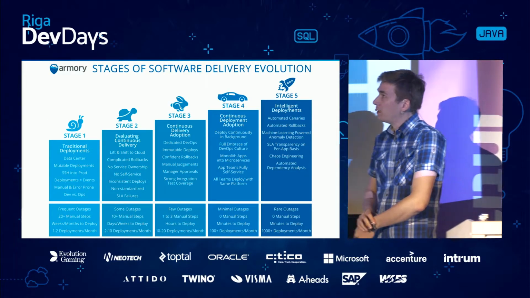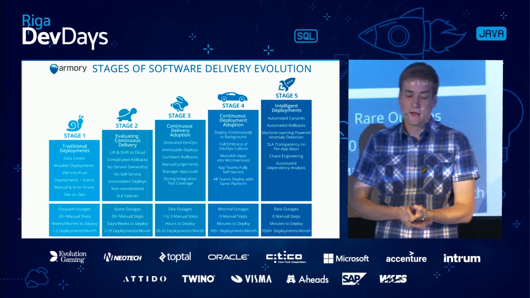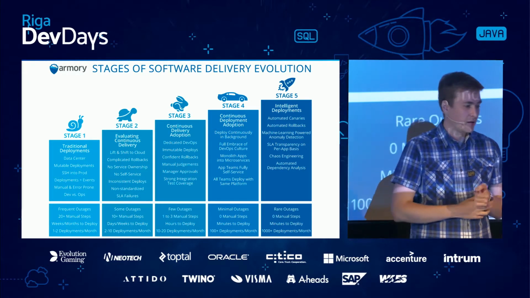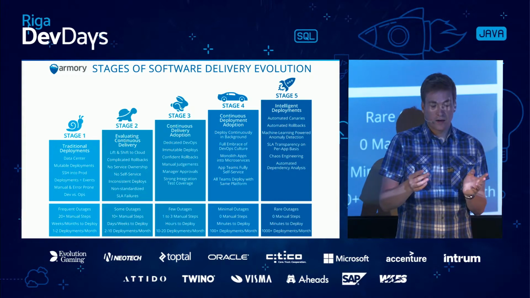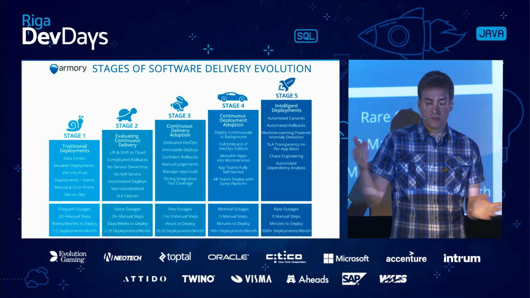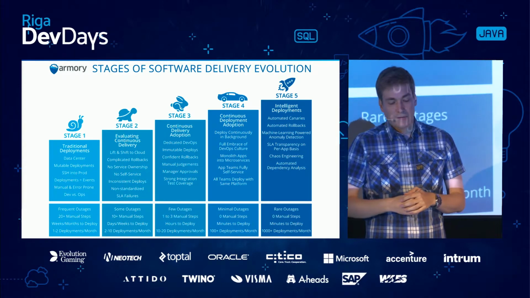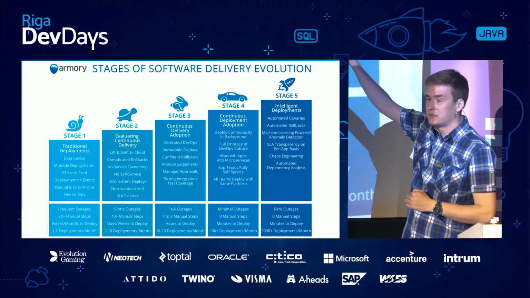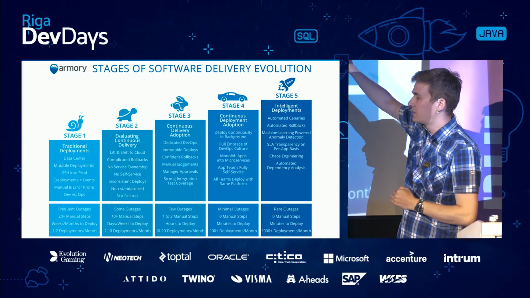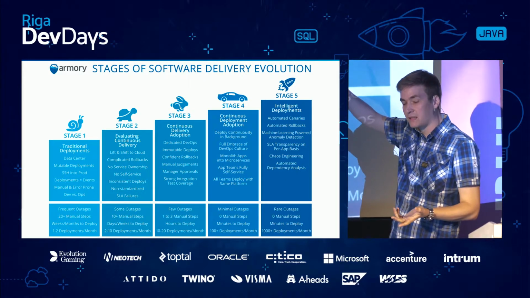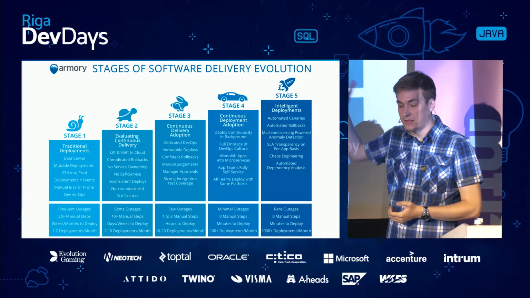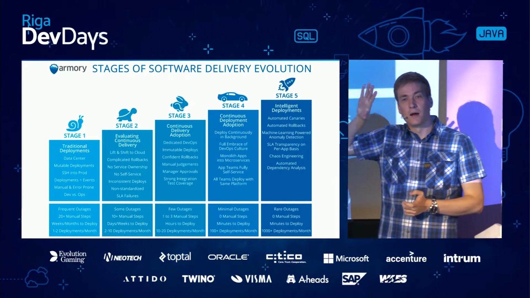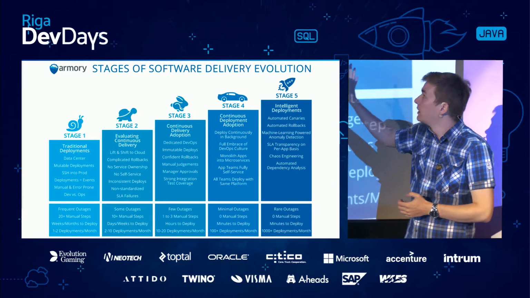Armory is one of the companies that are having a commercial offering for Spinnaker as a service. And that defines these different stages of continuous delivery. And as you can see, on the far right side, there's a bunch of practices like automated canaries or chaos engineering that are actually included in Spinnaker.